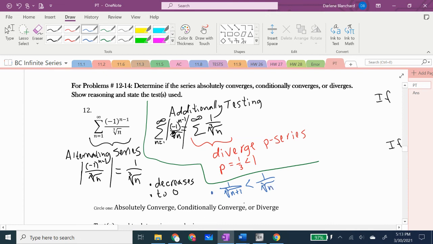And then I say that it's decreasing to 0 by adding in the limit as n approaches infinity of the formula is 0. So the absolute value of the terms decrease to 0 with this alternating series. The alternating series converges by the alternating series test.